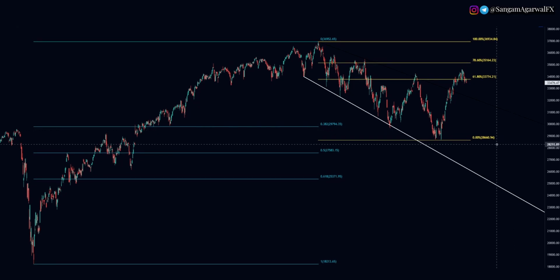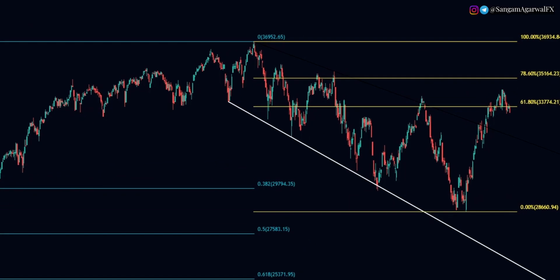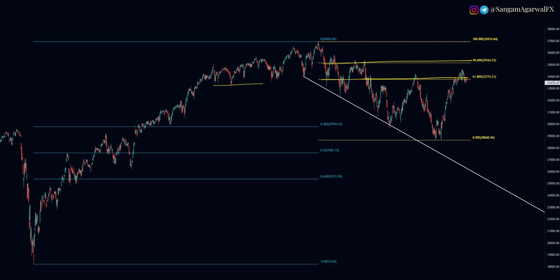And Dow Jones Industrial Average daily time frame, price is still trading between 61% retracement level and 78% retracement level of this last bearish leg. And this area between 78 and 61% retracement level is your resistance zone, because this area has been tested as a support in past and now testing as resistance.